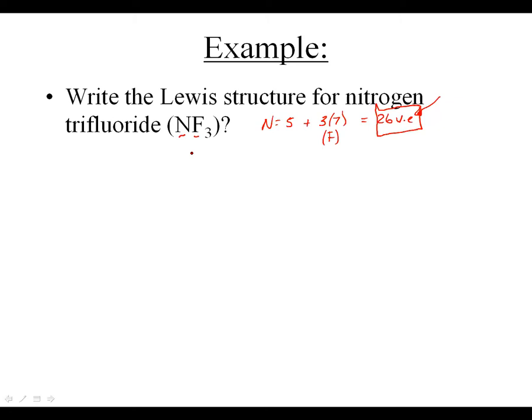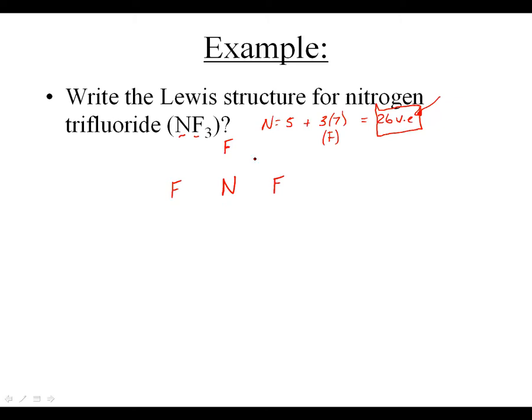So for example, here, the logical arrangement would be to put our nitrogen in the middle. We could put our fluorines on the outside. And it doesn't matter, for example, for this top fluorine right here, that you could put on top or you could put it below the nitrogen. It doesn't really make a difference.